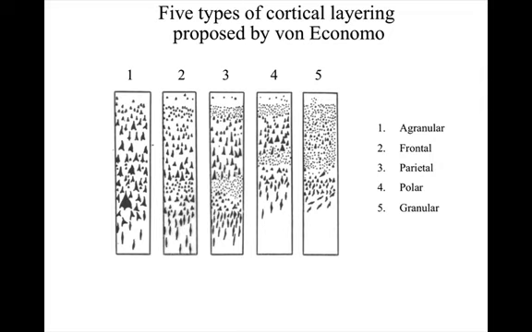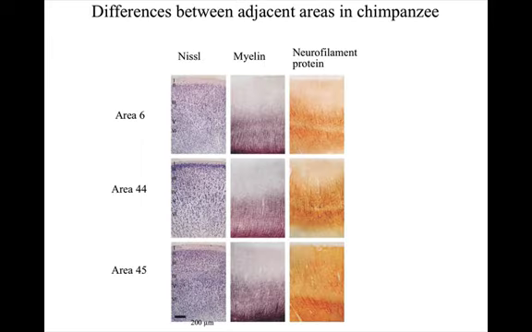Now, early on, cortical layering was classified into 5 types. But with more study, more subtle but significant differences have been identified, not just in neuron sizes, but in other factors. And this shows sections from 3 adjacent areas in the brain of a chimpanzee.